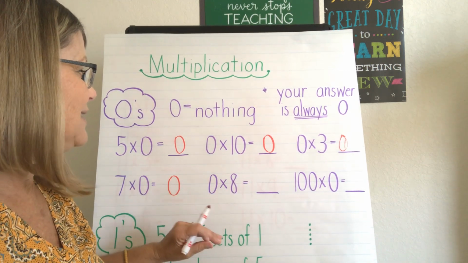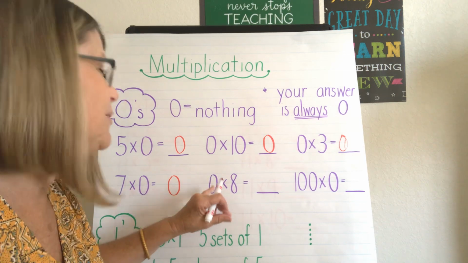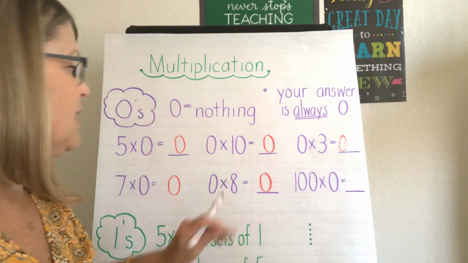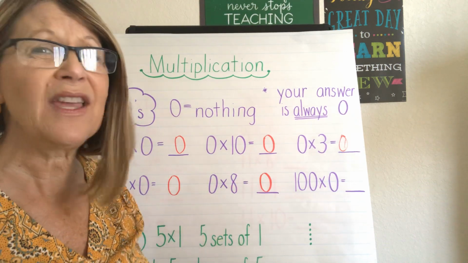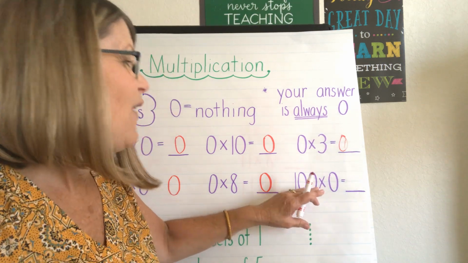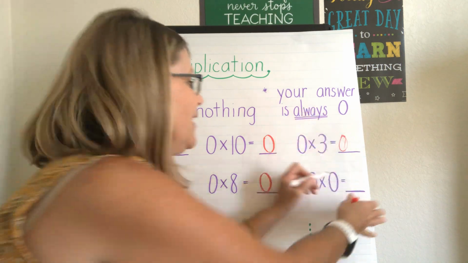0 times 8. If a 0 is one of our multiplication factors, then my answer is automatically going to be 0. It doesn't matter how high the other number is. It could even be 100. If I've got 100 sets of nothing, I still have nothing.